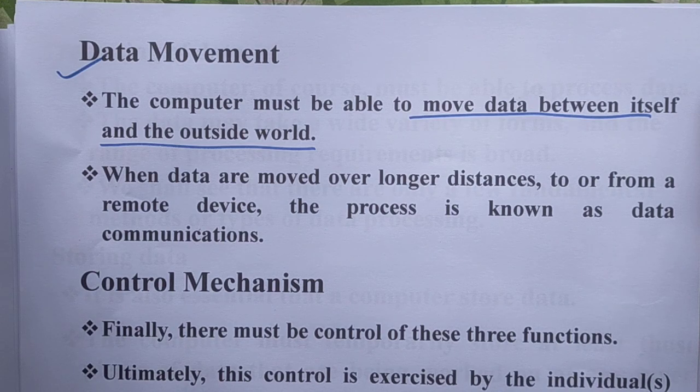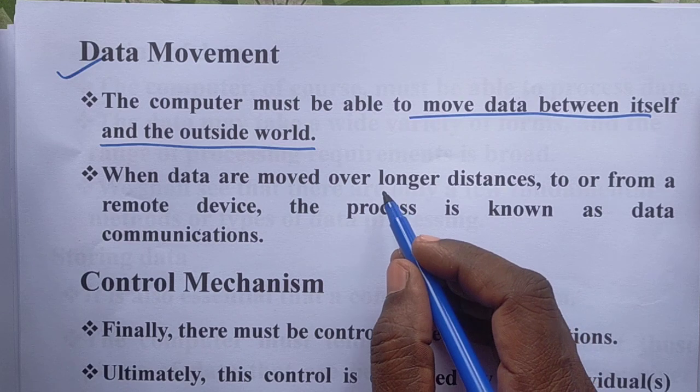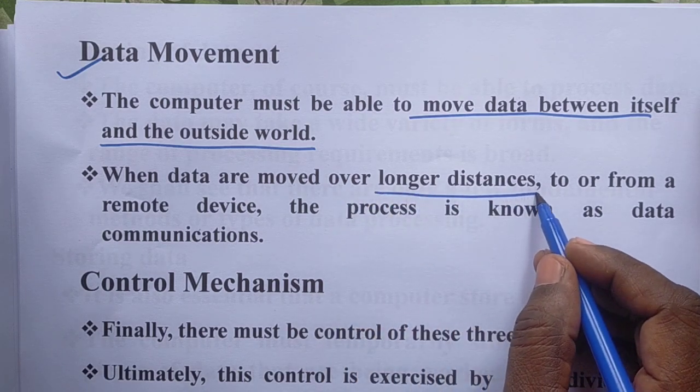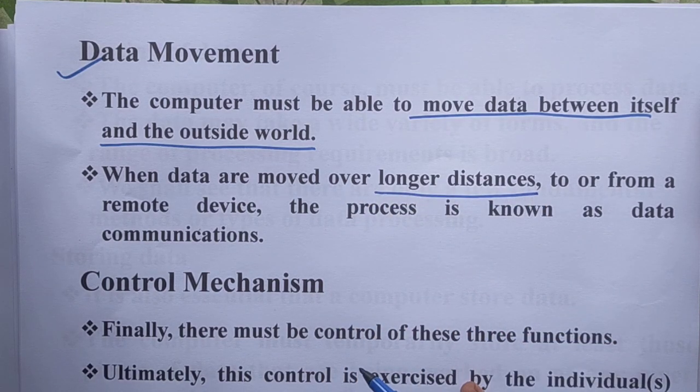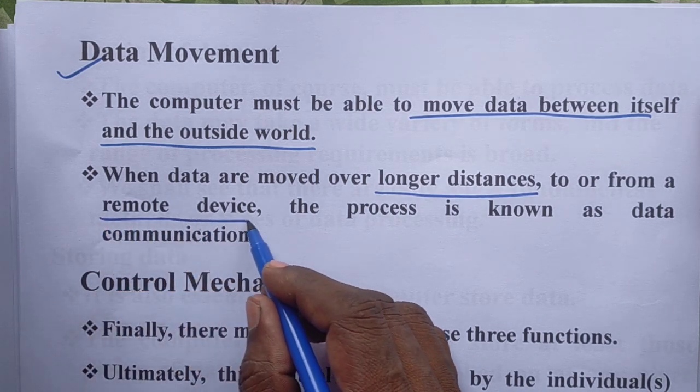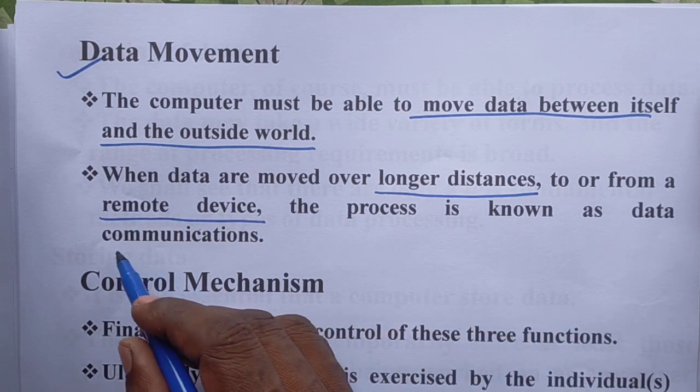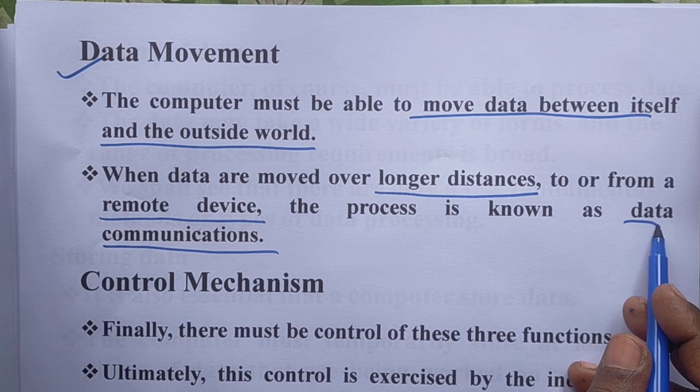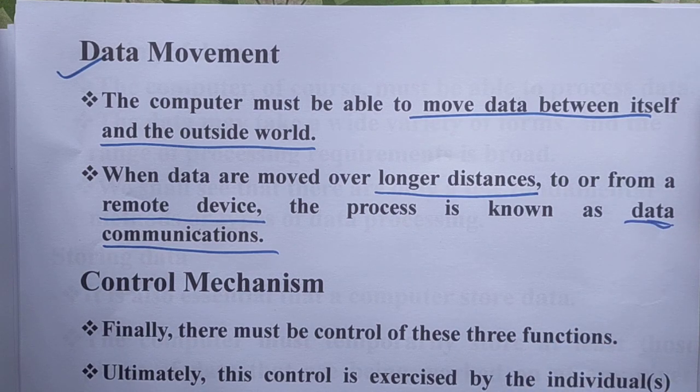And when data is moved over a longer distance, that is, not moved through local devices but moved to or from a remote device, then the process is known as data communication. Data communication means data moves from one device to another over a longer distance. We can call it a network system with remote devices.